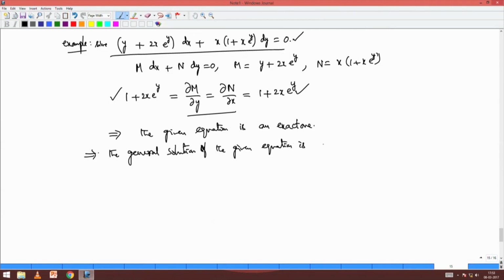What is M? I fix my x naught, y naught as 0, 0, because they are defined. You look at the equation, there is no issue at 0, 0, there is no division with x or y. So, (0, 0) is part of the domain, I can choose my x naught, y naught as 0, 0.